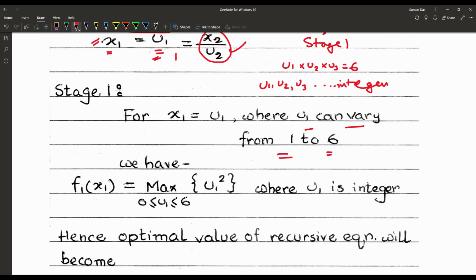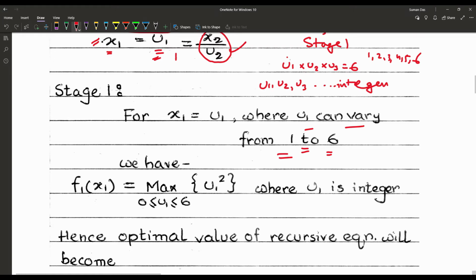So it is not possible that u1 can be greater than 6. It must have a value from 1 to 6, because u1 is a factor of 6. So it may be 1, 2, 3, 4, 5 or 6.